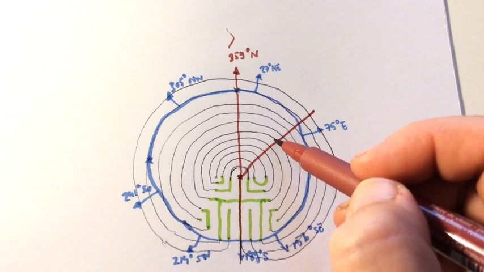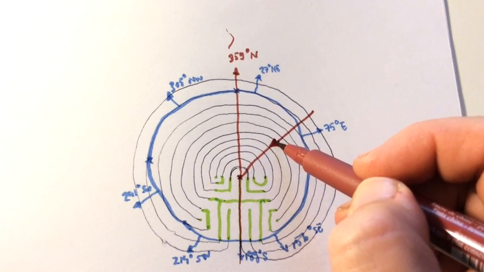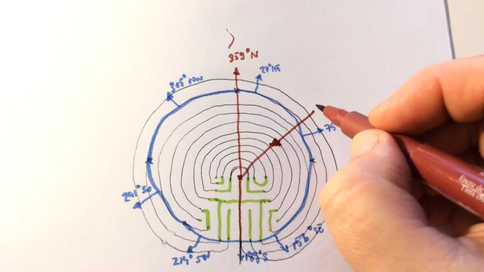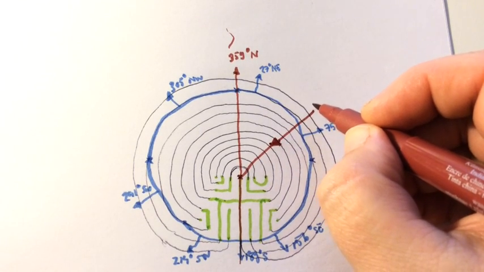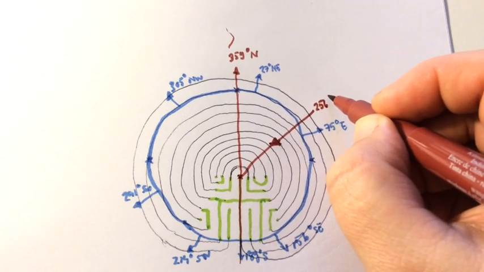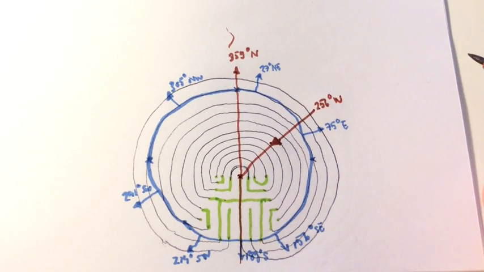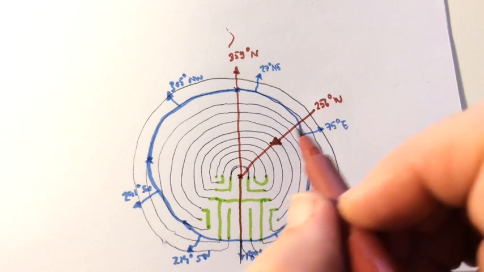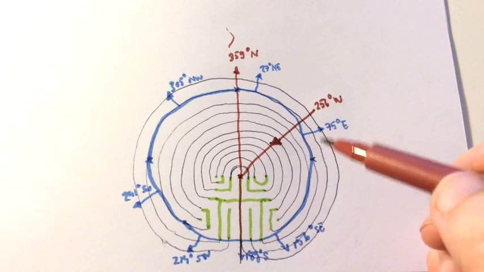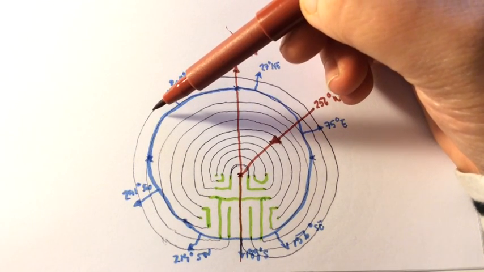This was turned the other way, like so, with a direction of 256 west. Sorry, which means that it's at too much of an angle. Sorry about that. But we won't correct it now.